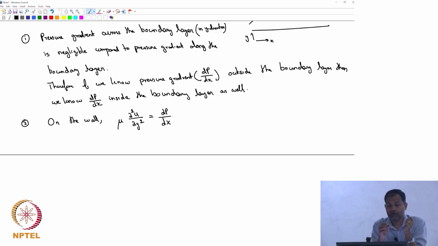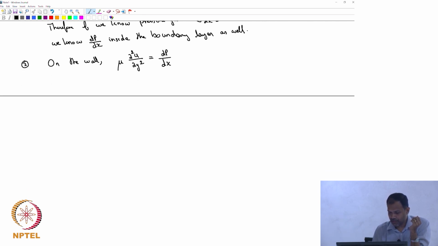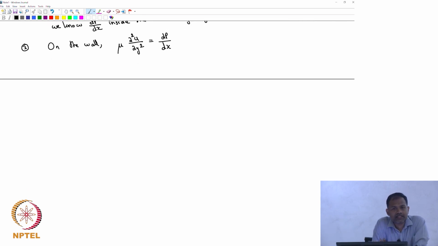Okay, so on the wall, knowing the pressure gradient outside the boundary layer helps us to determine how the second derivative of velocity changes on the wall. What is the second derivative of velocity on the wall? That basically helped us to plot the velocity profiles.